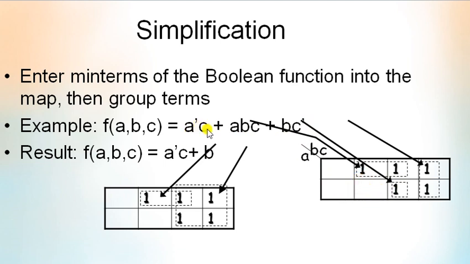For a bar c, the value of a bar is 0 and c represents 1. So this is 0 and this is 1. So a dash represents the 0th row, so we can choose this row.